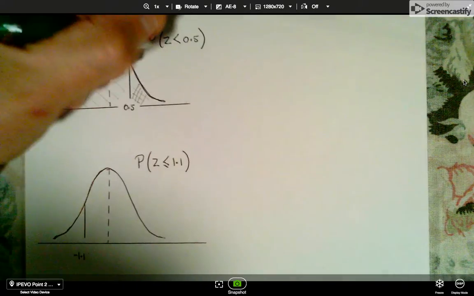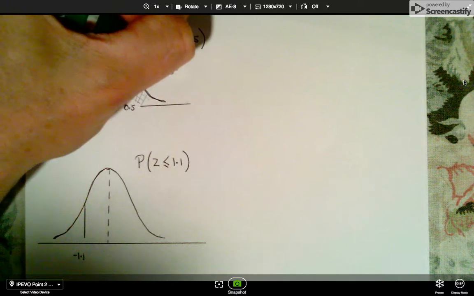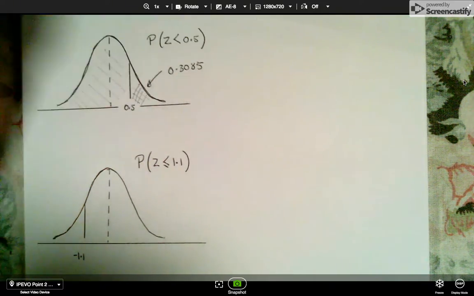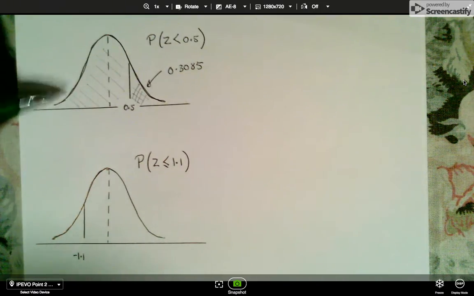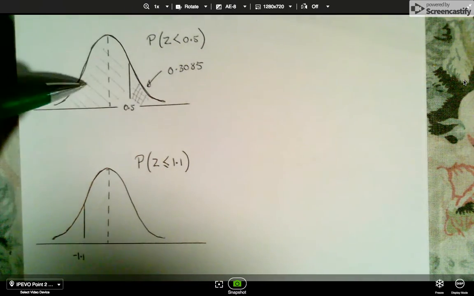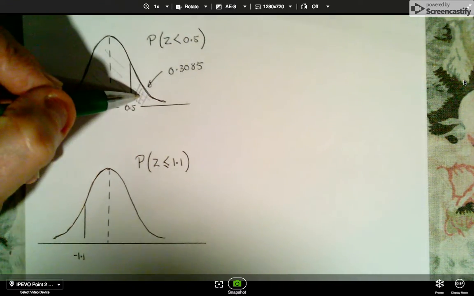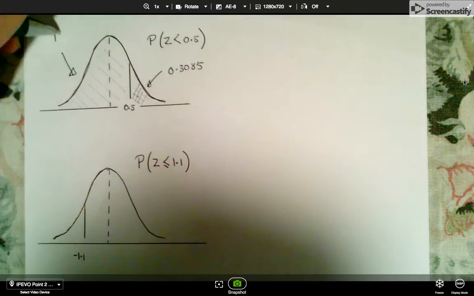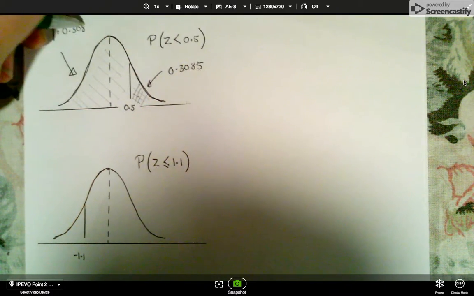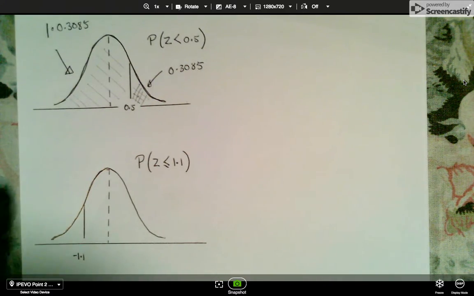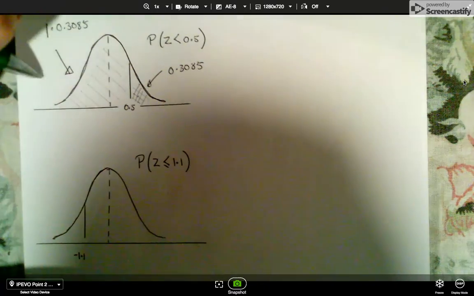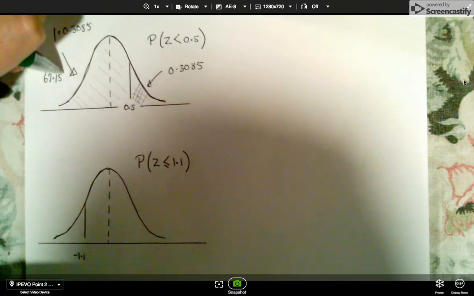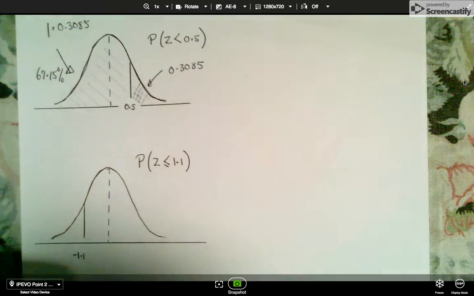So we know that this area here is 0.3085. The area under the whole curve is 1. So if this is 0.3085, this side here must be 1 minus 0.3085, which is 69.15%, or 0.6915.